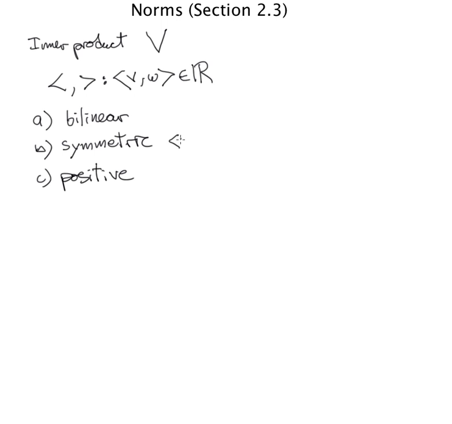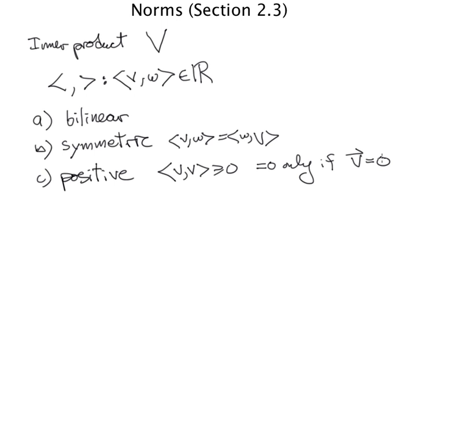And I'm not going to write all these down again, but I'll remind you that symmetric means this, and positive means this. And it also means equal to 0 only if the vector is equal to 0.